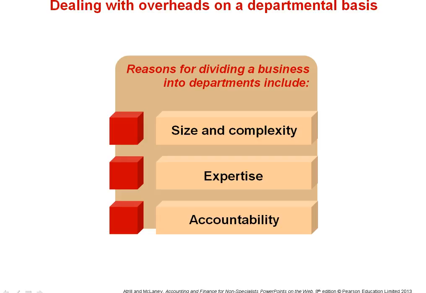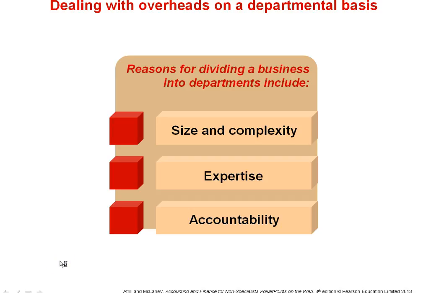So a department is an identifiable unit in an organization, and that seems like a good place to start for trying to divide up our overheads and make it a smaller problem.